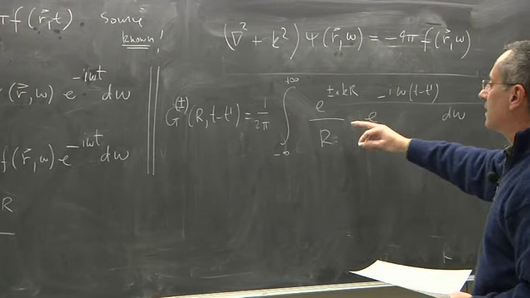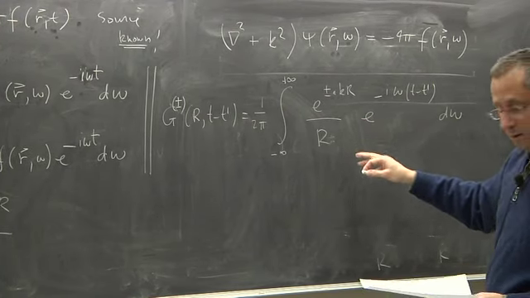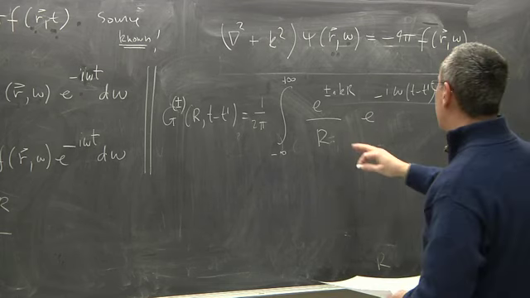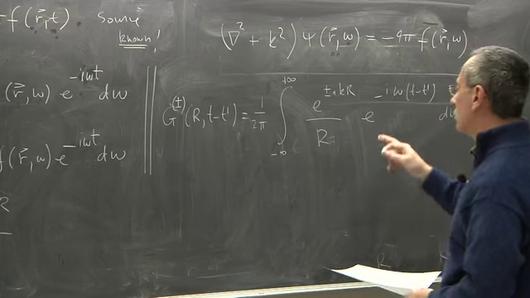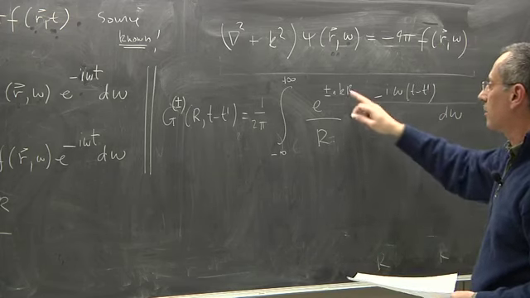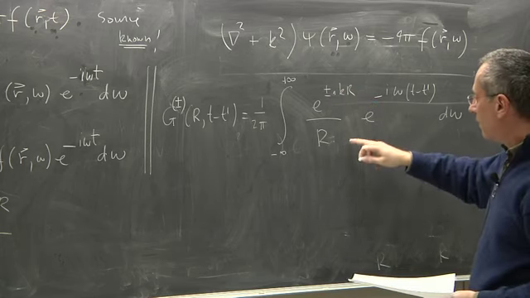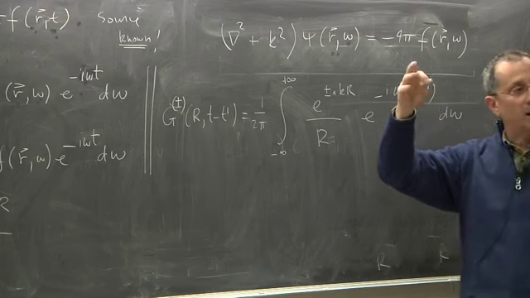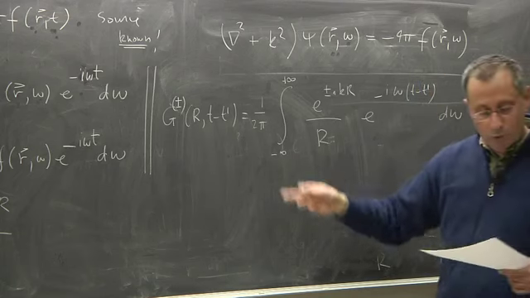And as I said, the complication is that you have to do this integral. But actually, it's not that much of a complication, because if you remember the definition of a delta function, this does not depend on omega. So you have an integral of the exponential of minus i omega times something. That's the definition of the delta function, with the 2 pi.